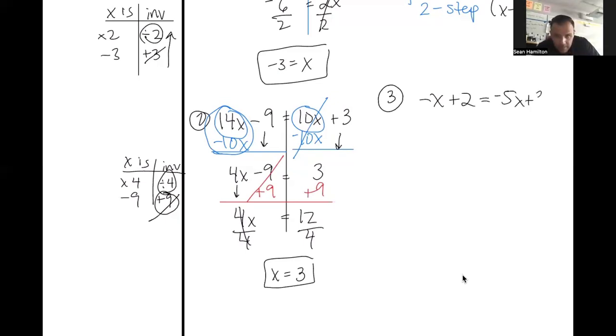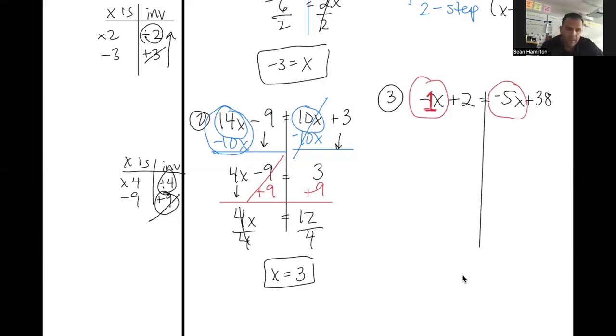Line down the equal sign. Now, this one's a little bit confusing because of the negative signs here. So, circle our variables. Now, one's a 5x. Now, this negative x, remember, there's an invisible 1. So, this is a negative 1x.